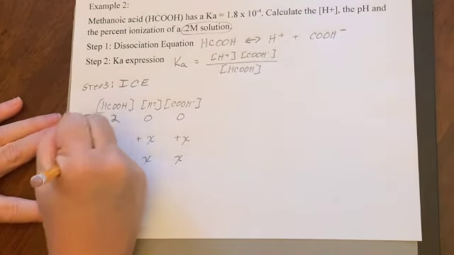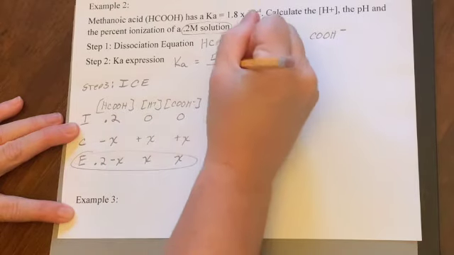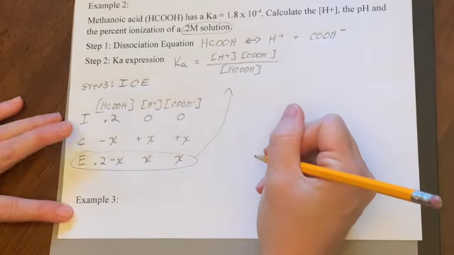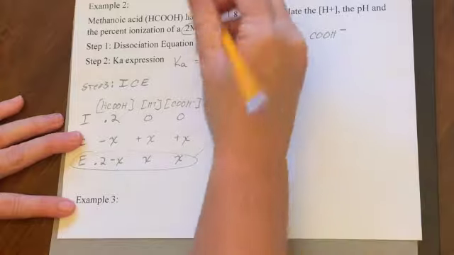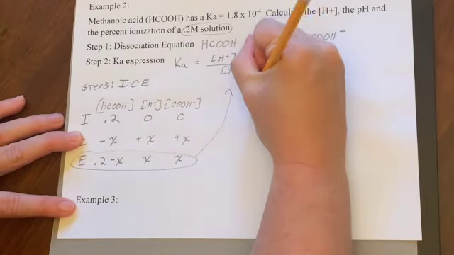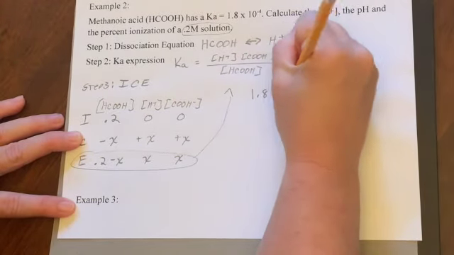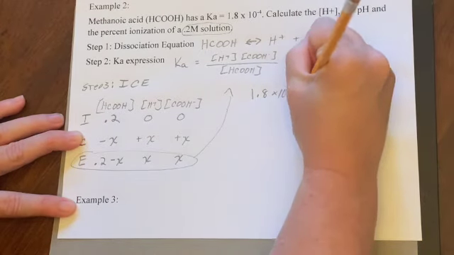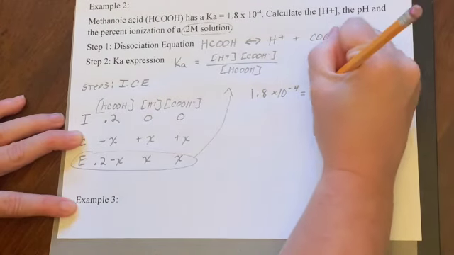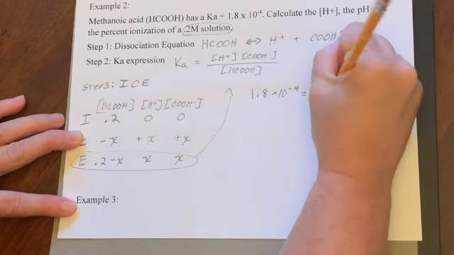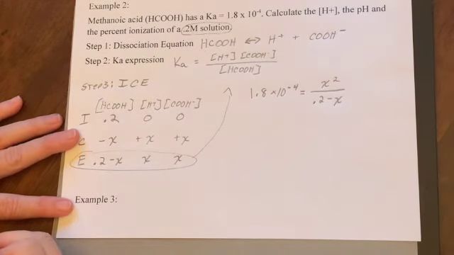I'm now going to take this and plug it back into my Ka expression. I've told you that the Ka is 1.8 times 10 to the negative 4th. And so that's going to equal X squared over 0.2 minus X.